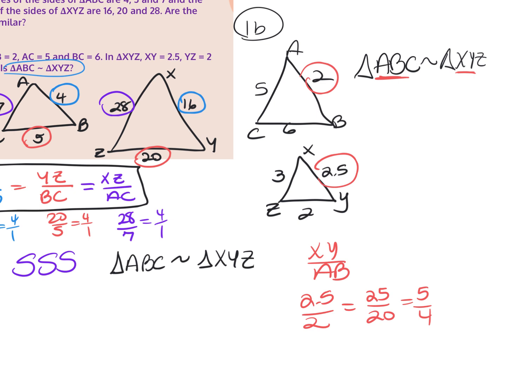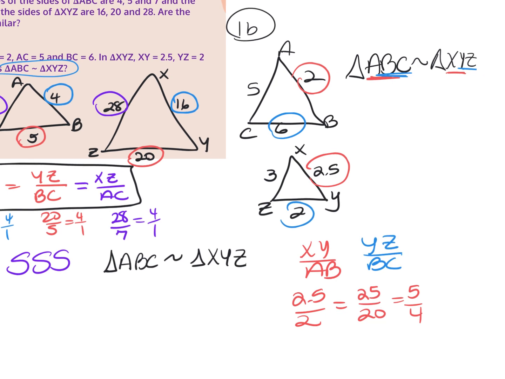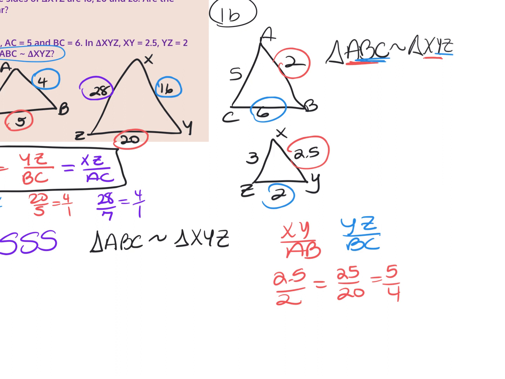Now let's look for the next two letters, the BC with the YZ, 6 and 2. So BC, let's do XY or YZ, BC. This time for the blue, I end up getting 2 over 6, simplifies 1 to 3.